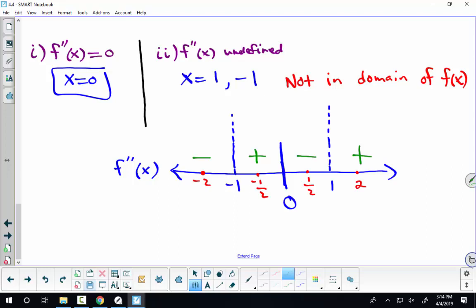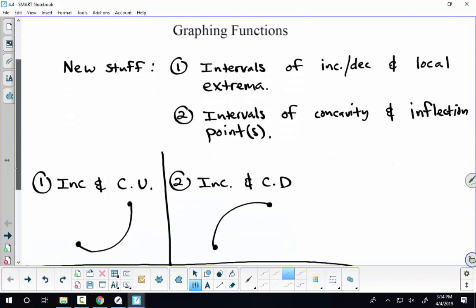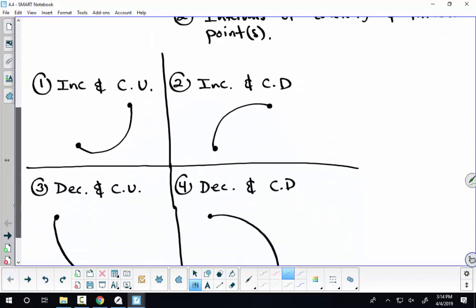And then once we have the first and second derivative, we're going to put those two pieces of information together so we can form these shapes and get an idea of what the actual function looks like. So we'll start there on Tuesday. See ya.